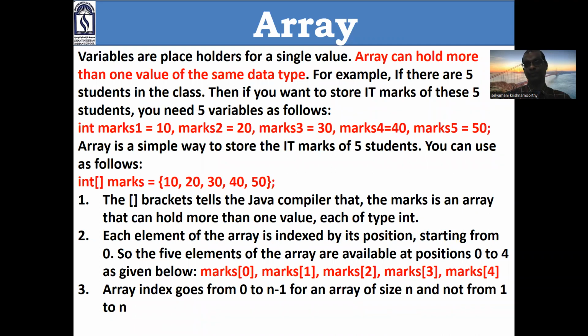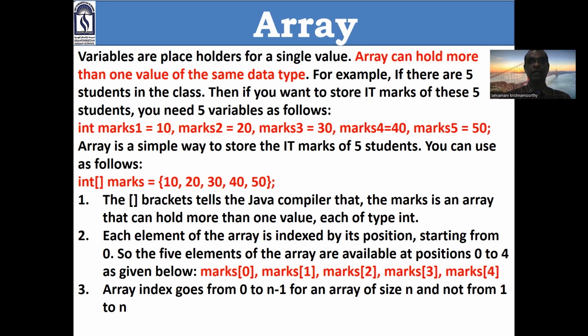For example, many times we declare one variable, int number equal to 1. In this case, number is a variable which is declared under the int data type, and is assigned the value 1. That means number can hold only one value at a time.